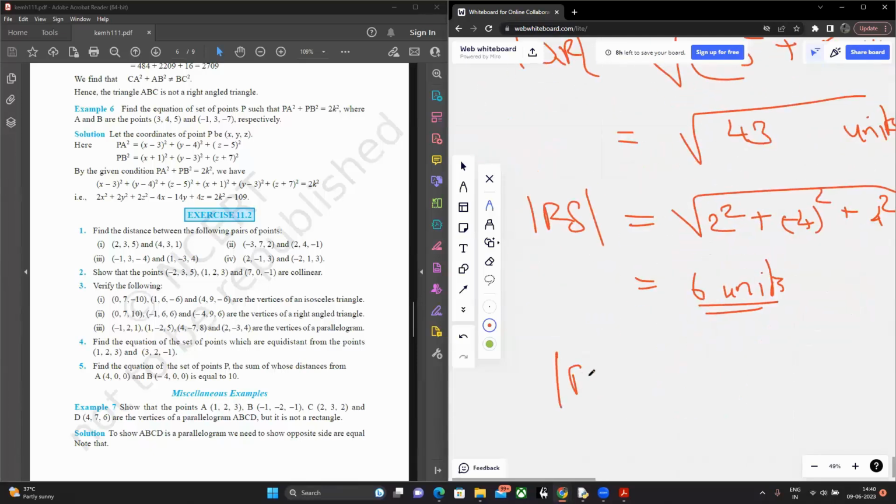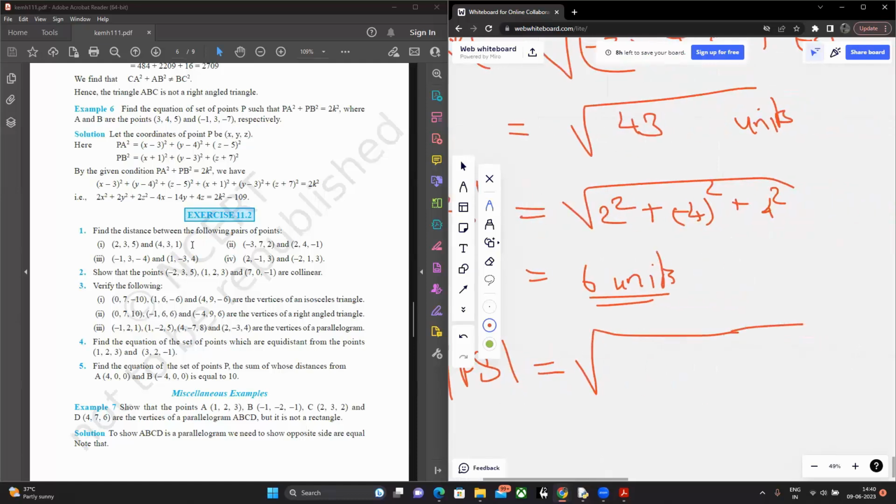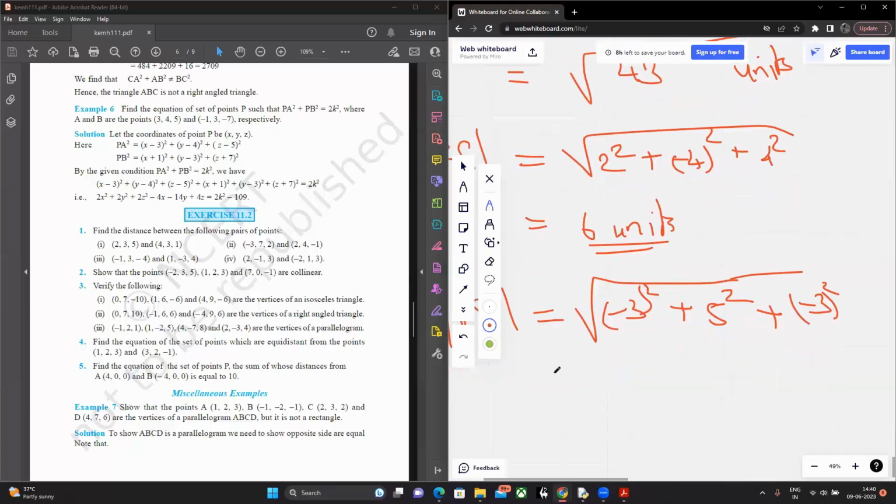And you have mod PS, that is going to be square root of x1 minus x2, that is minus 1 minus 2, that's minus 3 the whole square, plus 2 minus 3, that is again going to be 5 squared, plus 1 minus 4, that is again going to be minus 3 the whole square, which is basically 9 plus 25 plus 9, that is again going to be 43 units.